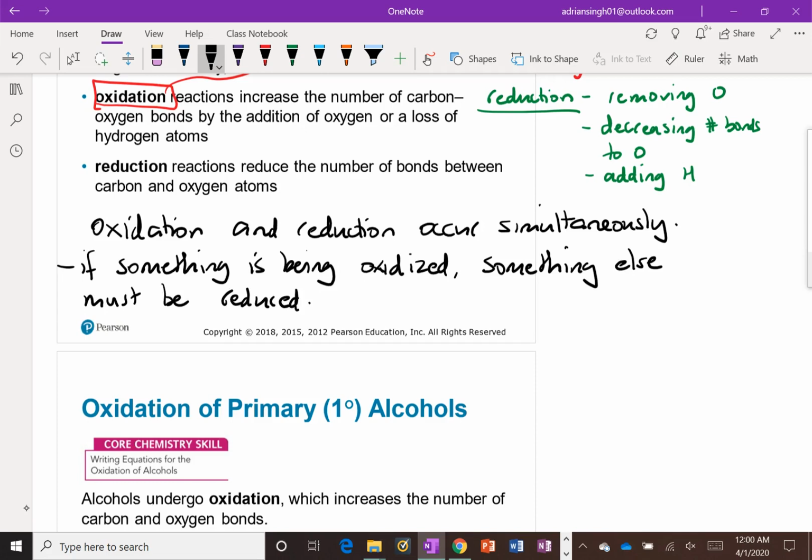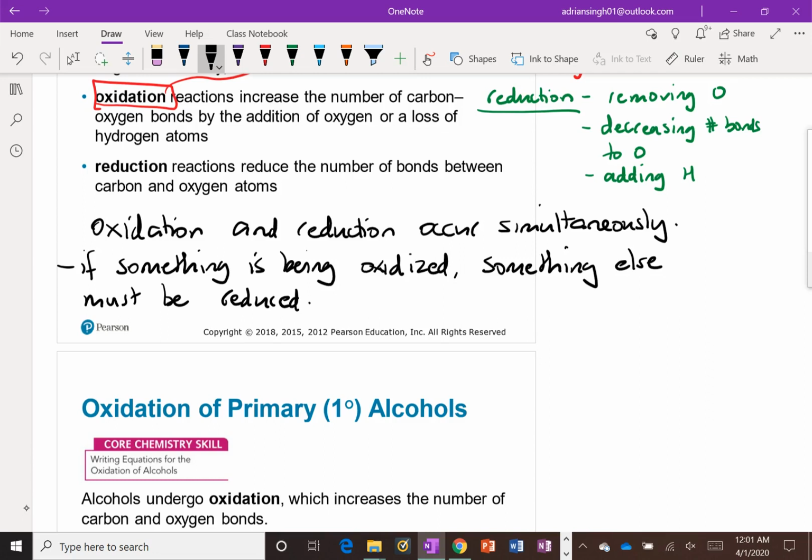So they go hand in hand. And again, this kind of goes along with the law of conservation of matter, right? So if something is giving up hydrogen, if it's being oxidized, something else has to pick those hydrogens up. The hydrogens don't just disappear.